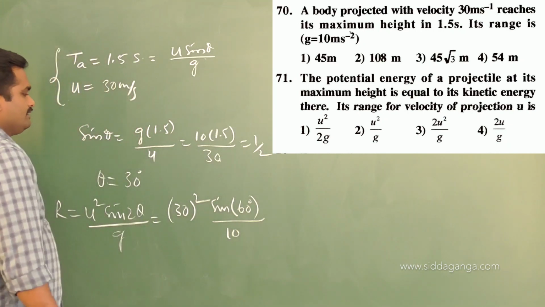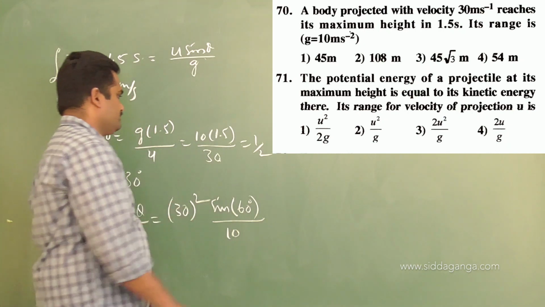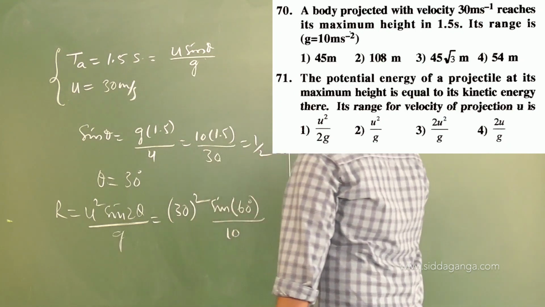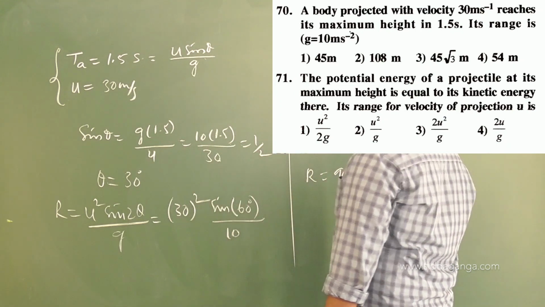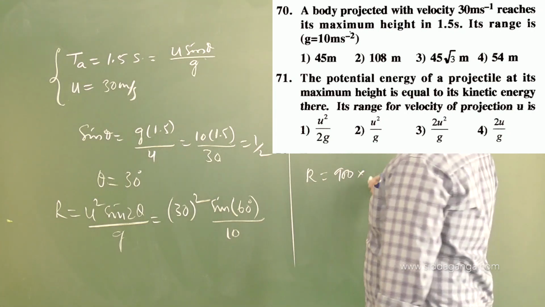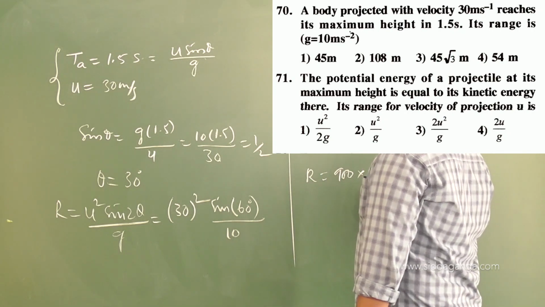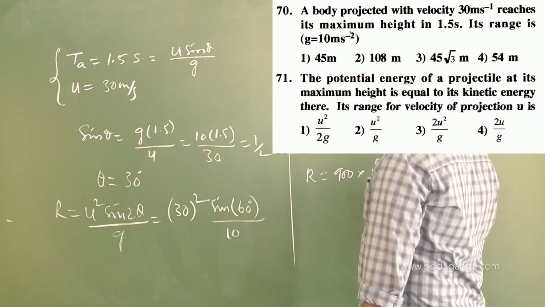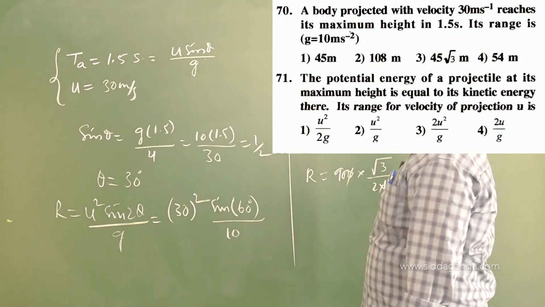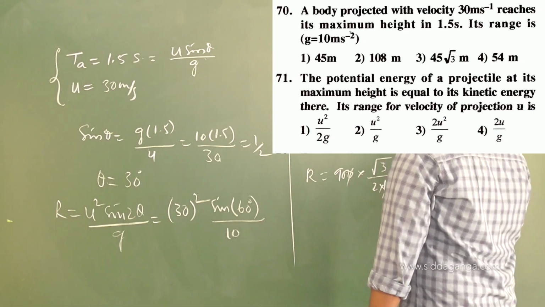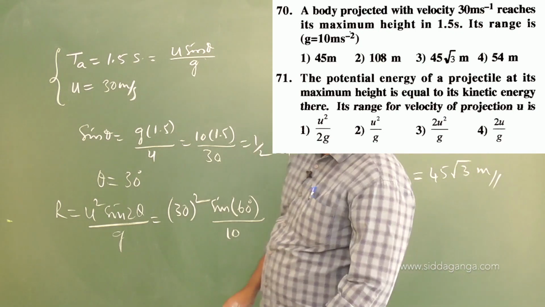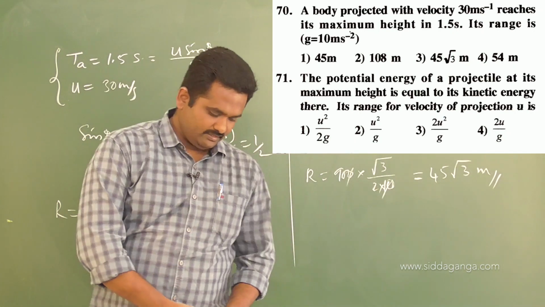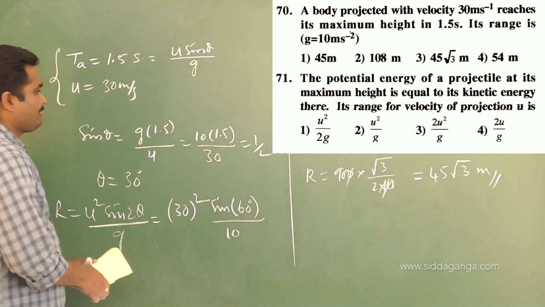Solving this, R equals 900 into sine 60, root 3 by 2, divided by 10. This gives 45 root 3 meters. Range is 45 root 3 meters.